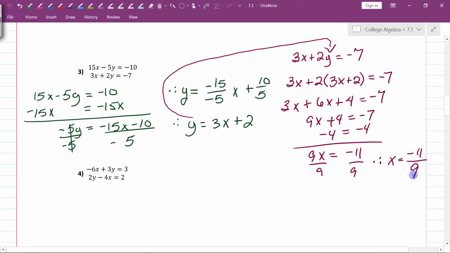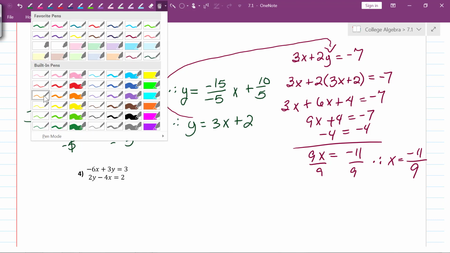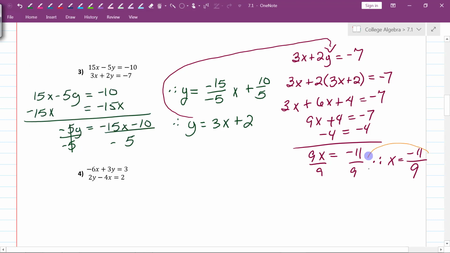Take this value right here, and we're going to plug it back into right up here and solve for y. So taking this right here, I'm going to substitute it in right there.